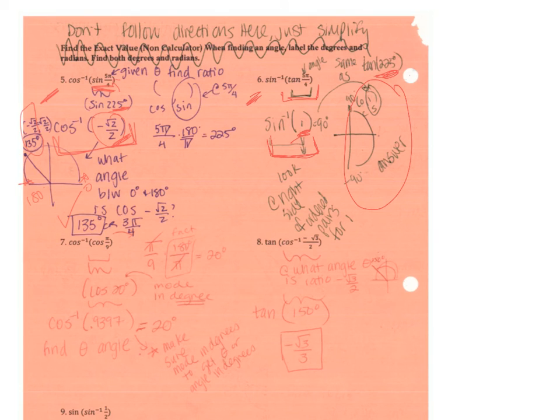And our answer is between -90 and +90. So I scan around and I'm looking for the right side of the ordered pair where it's 1. And the right side of the ordered pair, sine, is 1 at 90 degrees. And check, 90 degrees is in between -90 and +90.